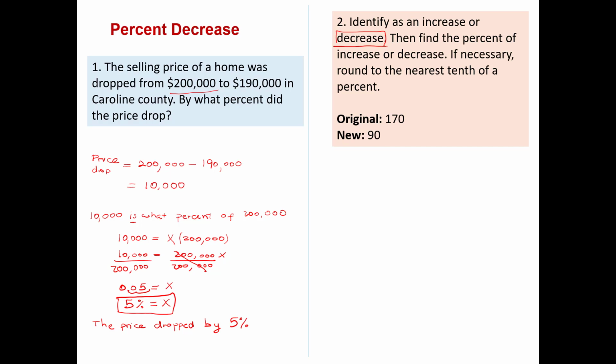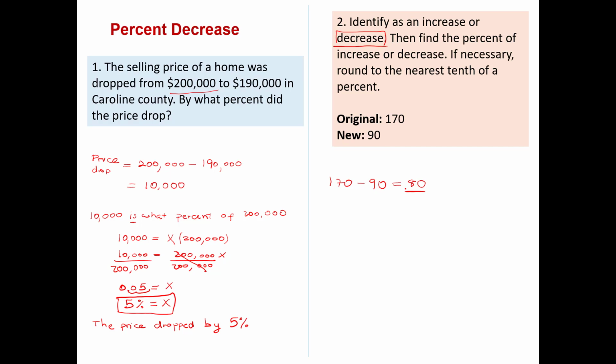To do that, we will subtract the numbers. Yes. Then to know how much decrease, we will just subtract 117 minus 90, and this will be 27. Then we know the amount of decrease corresponds to 27.